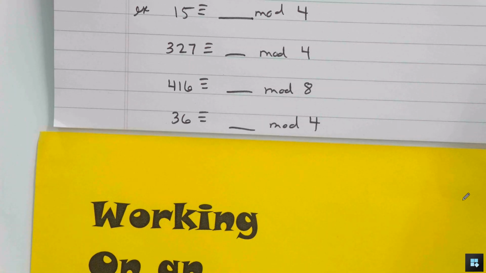Same here. Yeah, since it's seven, oh, it's mod 4. I put mod 8 on my paper. So this one you did the 4. Put a 16 instead of 15.